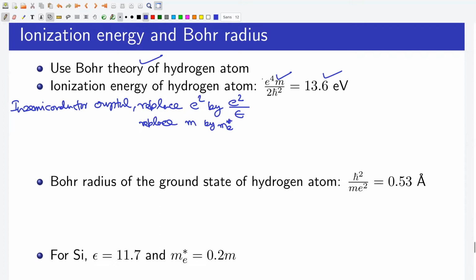Then we can rewrite this equation to get the expression for the ionization energy of donors.